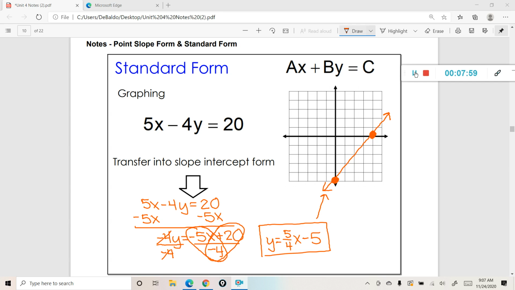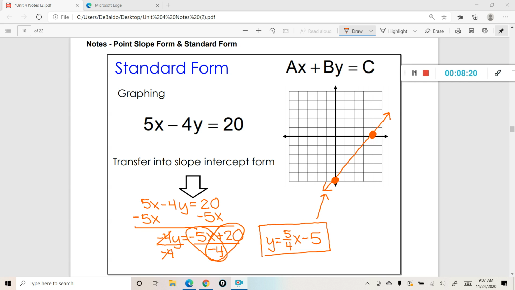To determine the intercepts, we've already talked about this back in Unit 3, but we can find the x-intercept by substituting 0 in for y, and we can find the y-intercept by substituting 0 in for x. So let me show you that.